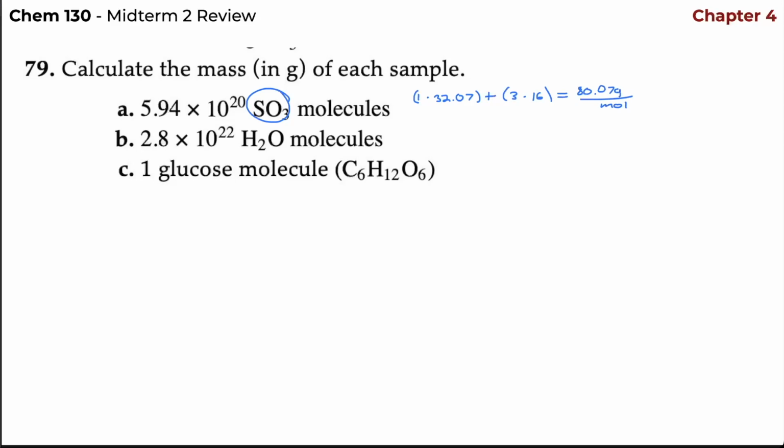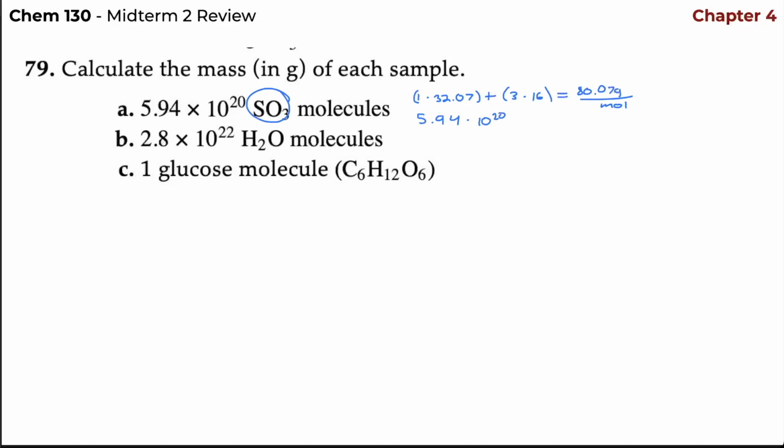Now, instead of multiplying it by the grams, we know that we have this many moles of molecules, right? Well, here's the thing. We don't have this many moles, we just have this many molecules, right? So let's write it out. We have 5.94 times 10 to the 20 molecules, right? Now, we need to figure out how many moles this is, right?